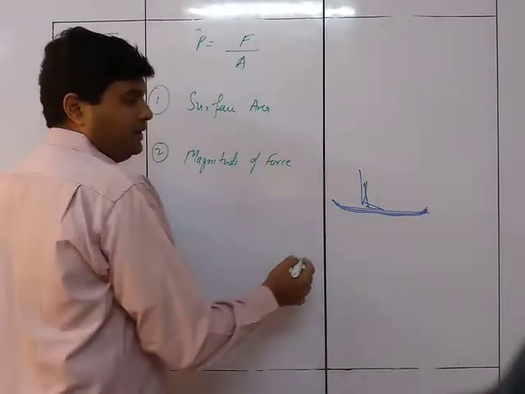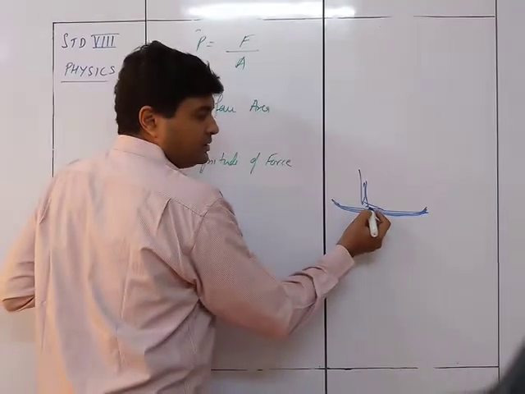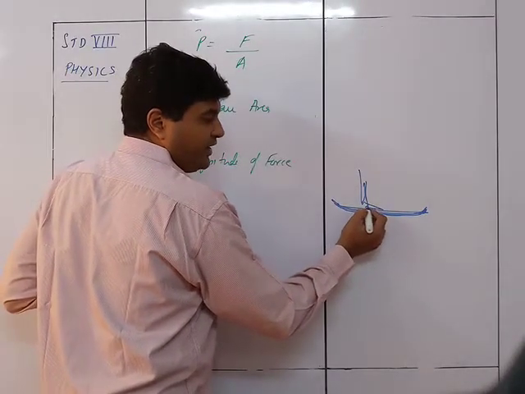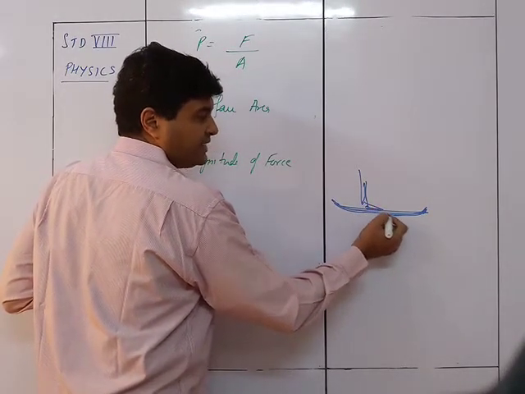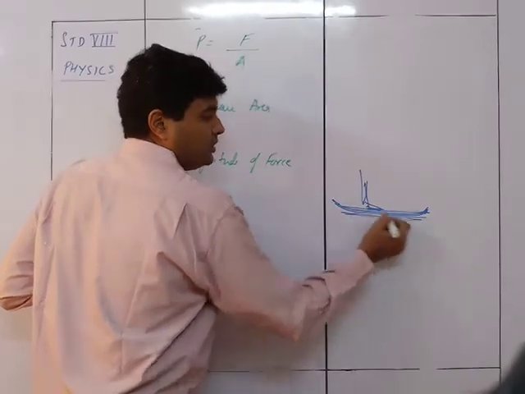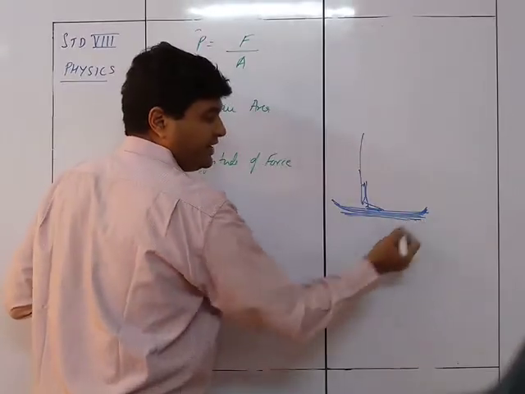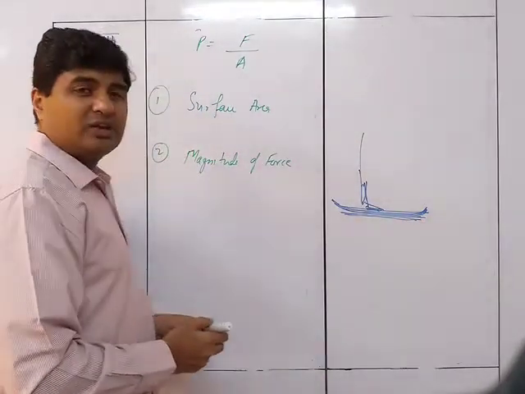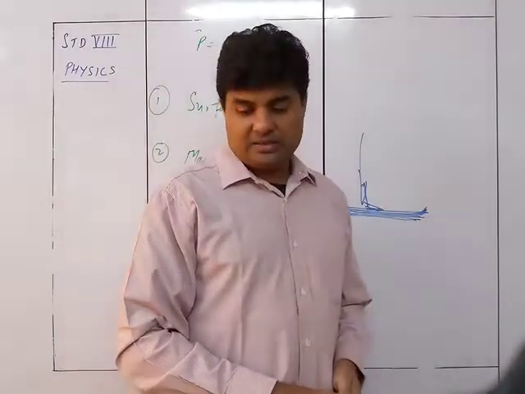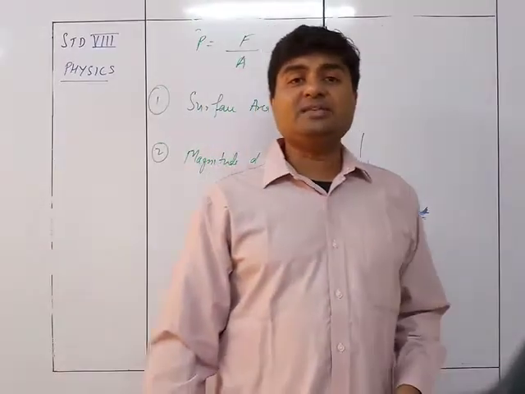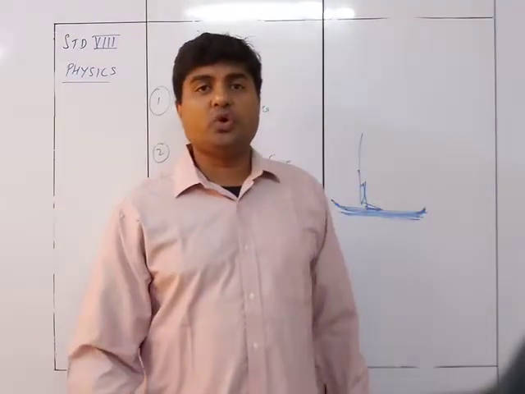So you can see the regular surface area of contact of the feet is only this much, but the ski is giving you this much. So your complete body weight is distributed over a bigger surface area. Hence the pressure exerted on the snow will be very less. Since the pressure exerted is less, the penetration inside the snow will be less.